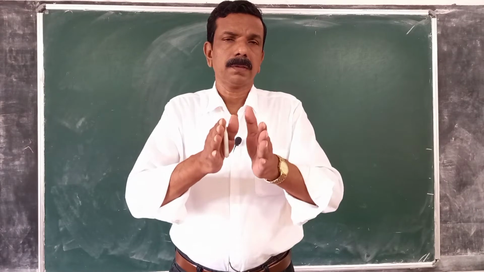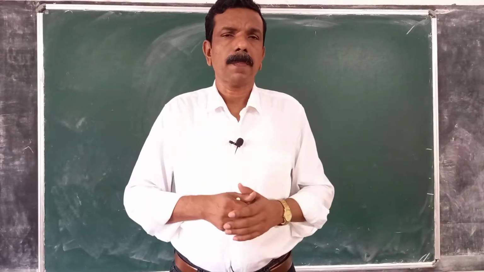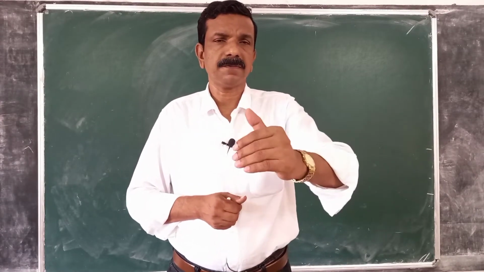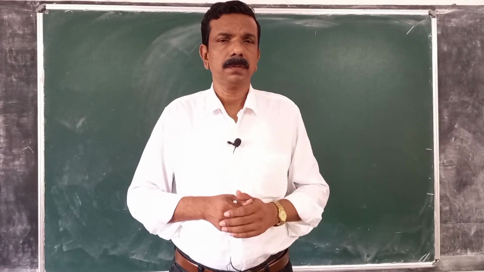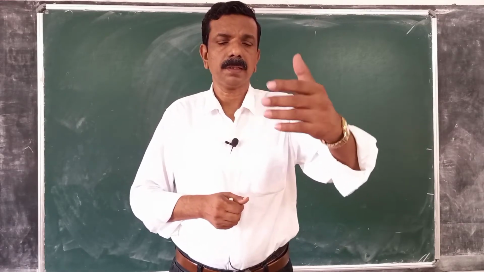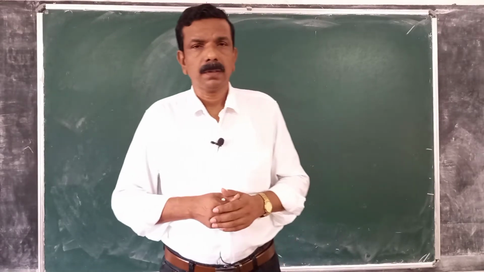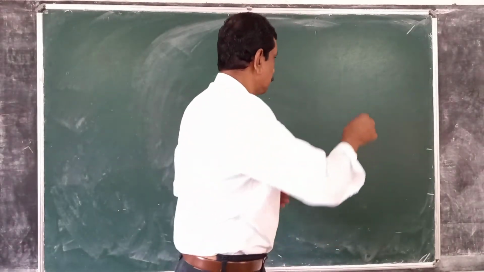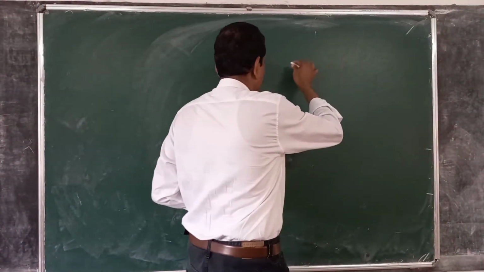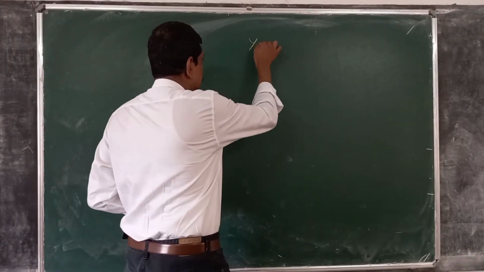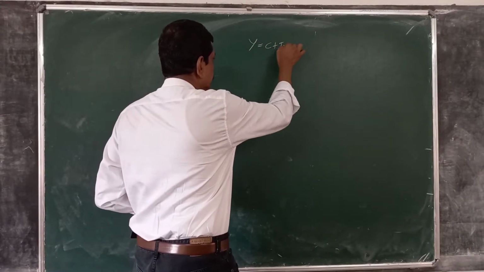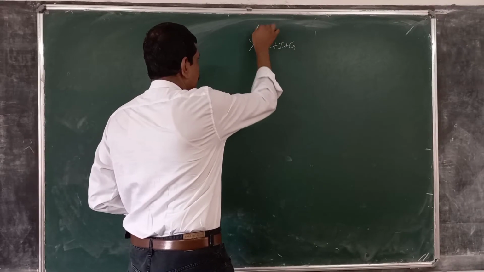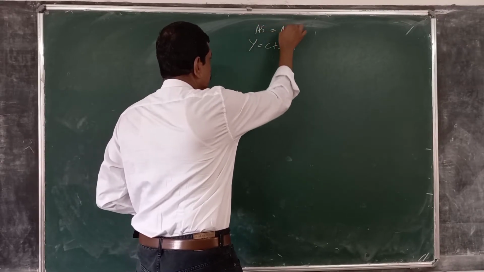That is, we start with an economy consisting of households, business firms, and government. And the condition for equilibrium is Y is equal to C plus I plus G. Aggregate supply is equal to aggregate demand.